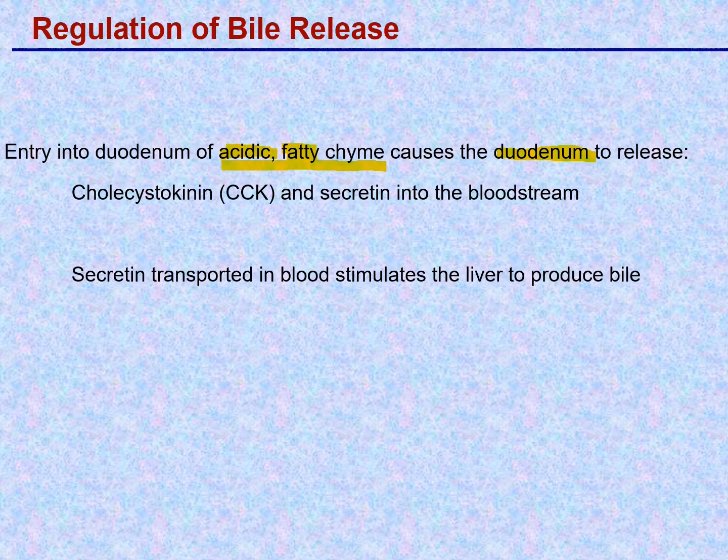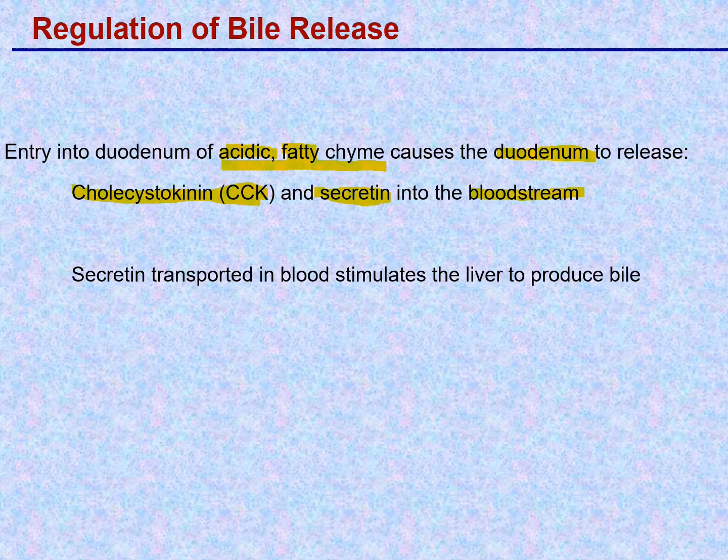You'll get enteroendocrine cells producing and releasing cholecystokinin, a hormone, CCK, and secretin. And of course, hormones always get secreted into the bloodstream.